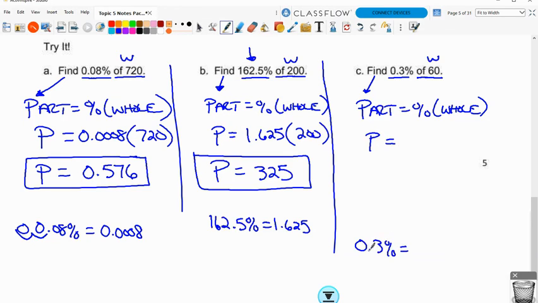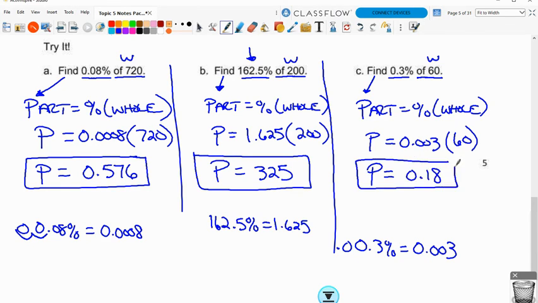Move that decimal point back once, twice. So we're going to have another 0 there. That's going to be 0.003. So let's record that there. Times the whole value of 60. And when we punch this into our calculator, 0.003 times 60 gives us an answer of 0.18. So 0.18 is 0.3% of 60.